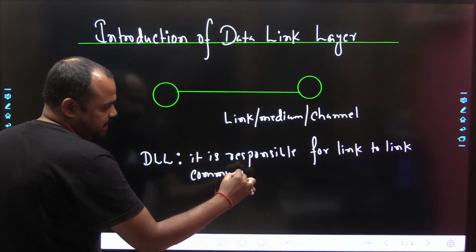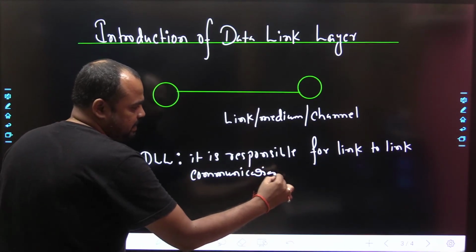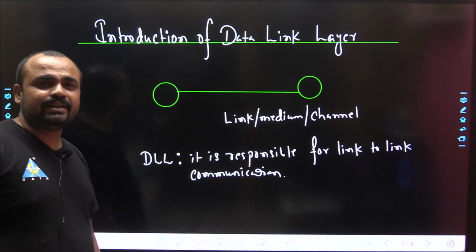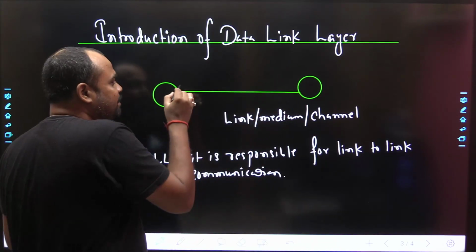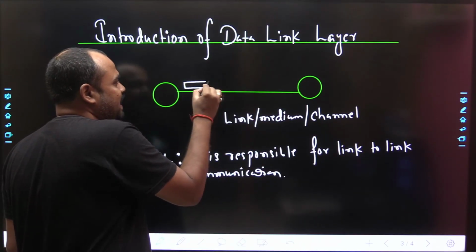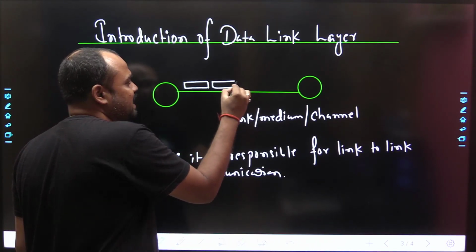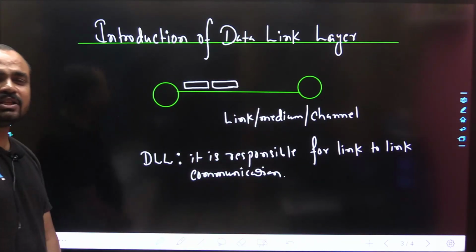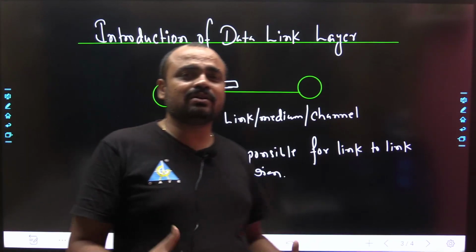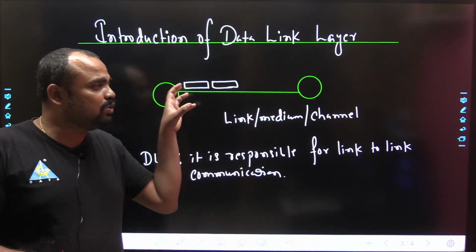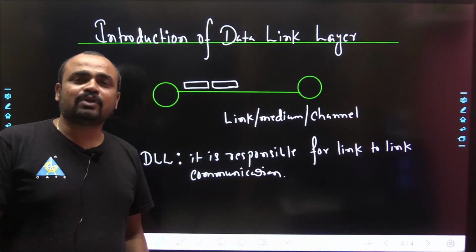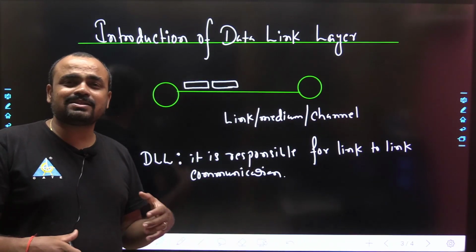Link to link communication means that between these two nodes, if the packet is moving, what situations are going to happen, and how do we control all those things? For that reason, we require a set of protocols.